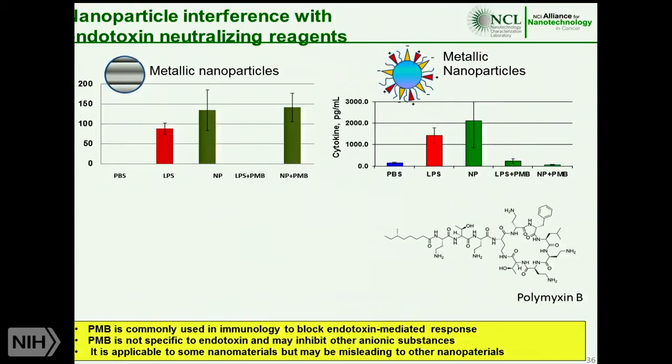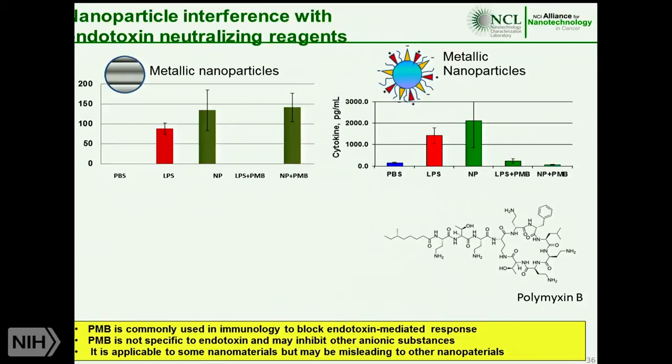It is an antibiotic that is used to treat topical bacterial infections. And what immunologists commonly do, when they have a doubt whether the immunostimulation is caused by endotoxin or by the test material, in our case nanoparticles, we add polymyxin B into the reaction mixture, and then we see whether we inhibit the biological effect or not.